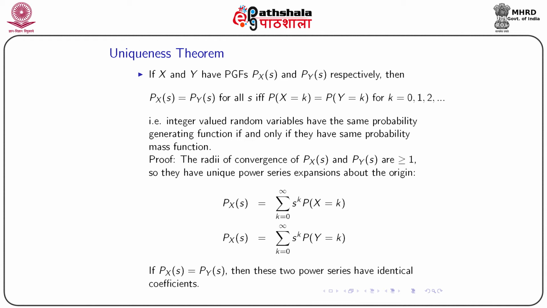Now if we have the condition that P_X(s) is equal to P_Y(s), then these two power series have identical coefficients. So if they have identical coefficients, that means probability X is equal to k is the same as probability Y is equal to k. So this is what we mean by the uniqueness theorem.